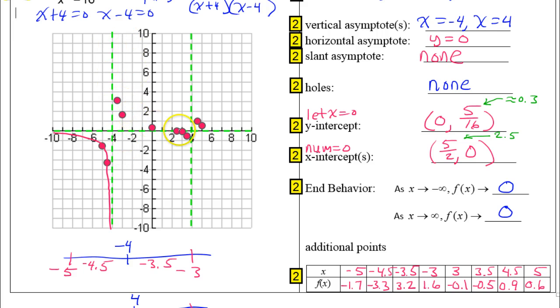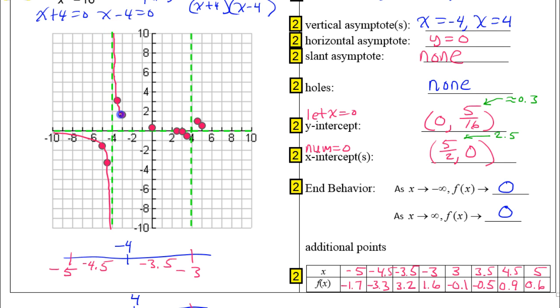Now this one, notice I have points above the horizontal asymptote and below the horizontal asymptote. That tells me that the graph passes through the x-axis and then goes down. So it's going to approach this vertical asymptote.